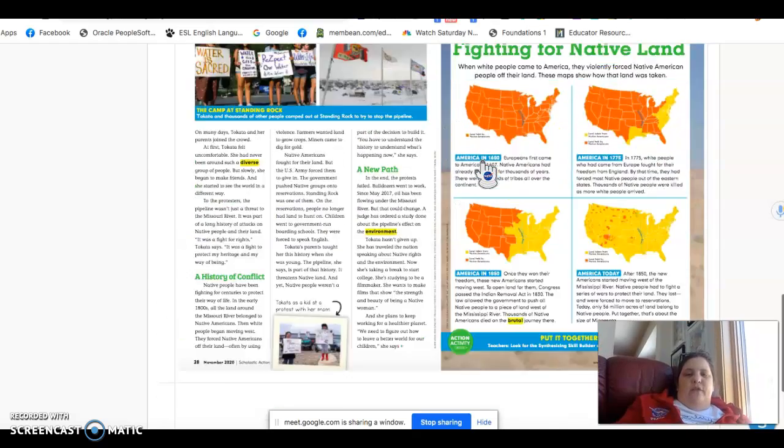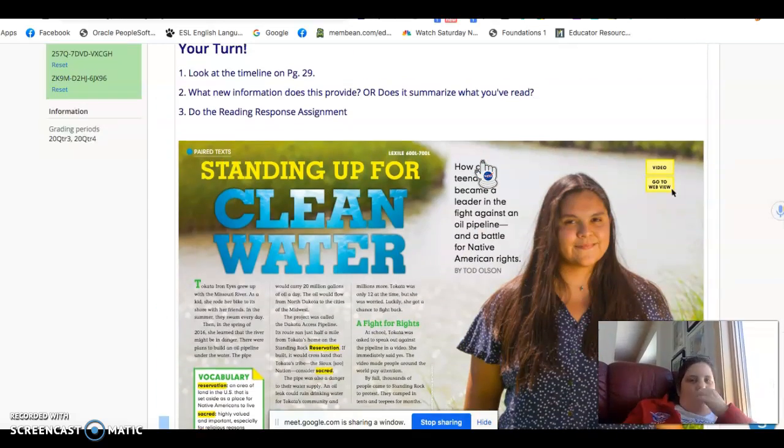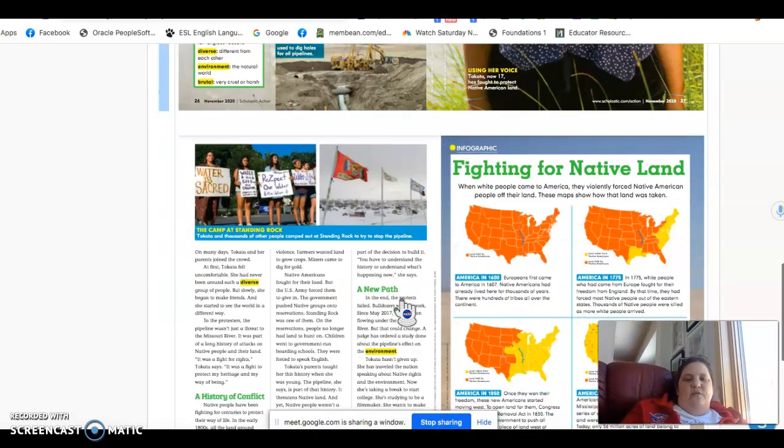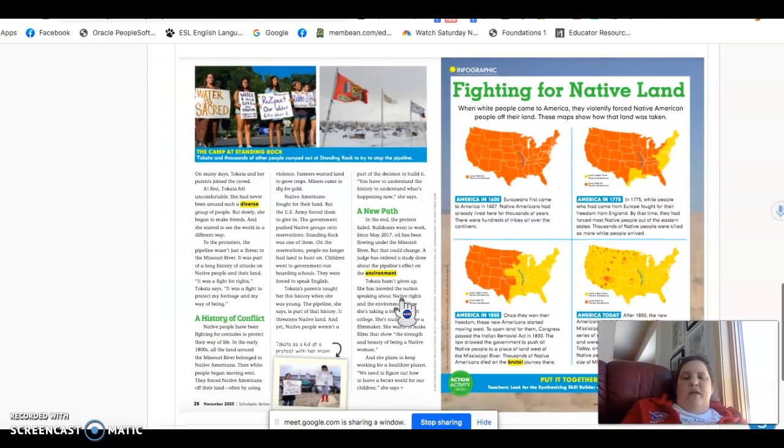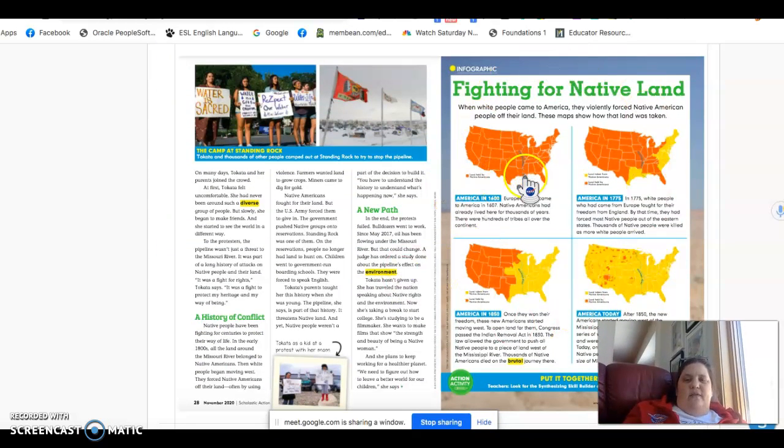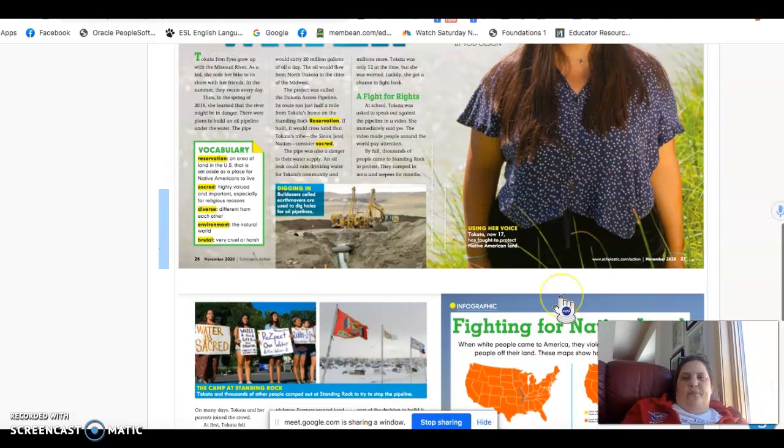And then you're going to ask yourself, what new information does this provide? Does it summarize what you've read? In order for you to know if it summarizes what you've read, you do have to skim the article. Am I asking you to read the whole article? No. But I would like you to skim it to see what it has to do with the timeline.